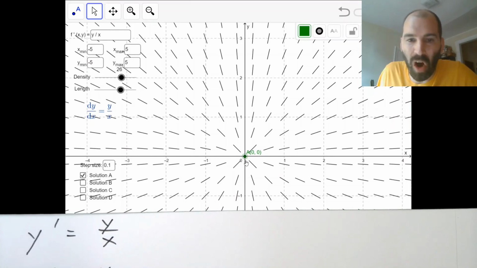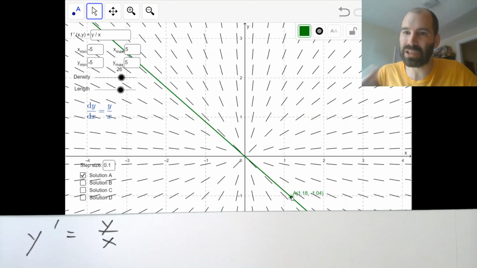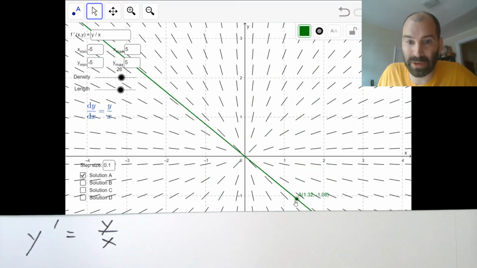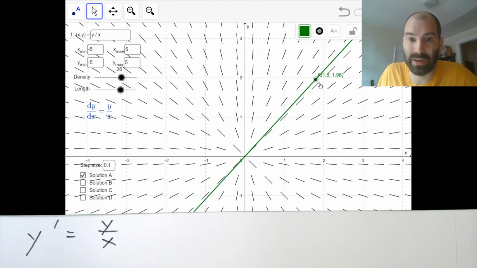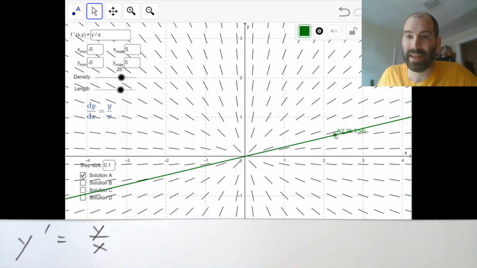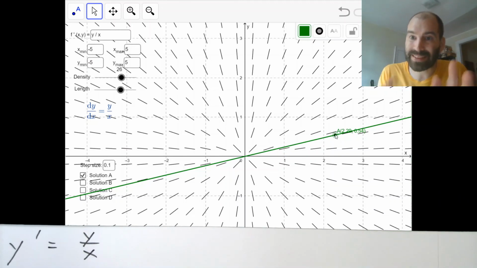No, in fact, all of these curves are going through that point. So if I start with the initial condition 0, 0, I have an infinite number of solutions. There's not a unique one. All of these are going through the point 0, 0. Definitely not unique. Here's actually an infinite number in this case. And so the theorem's saying that that could happen. And that's exactly what we're seeing in these two examples.